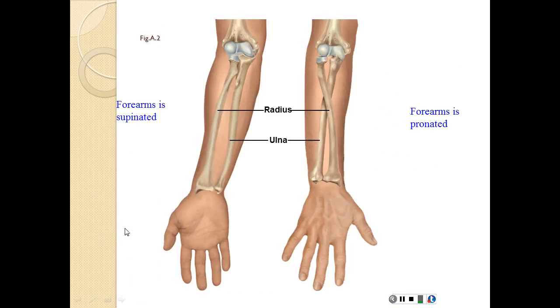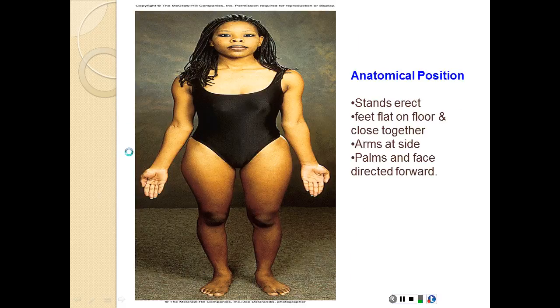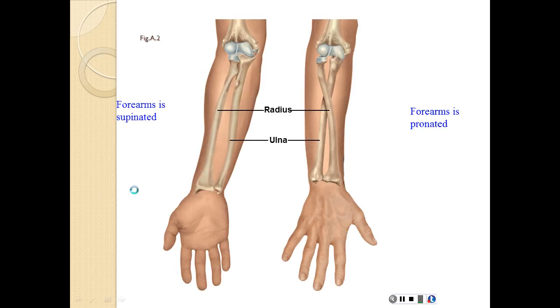Now let me do a type of joint movements. Let me go back a little bit. This position that she's in, her arms are considered to be in the supine position. The palms are facing forward. Now when you turn your hand over facing the back or facing downward, it is called forearm pronation.